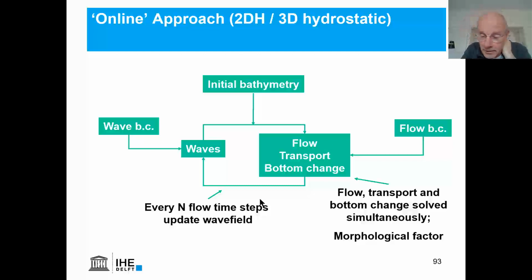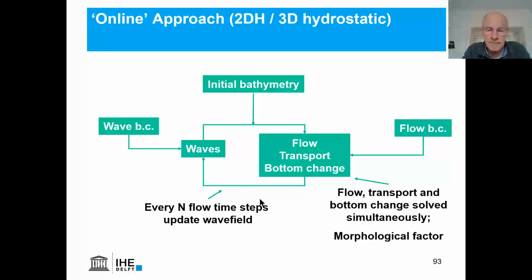And that would take a great amount of time, especially if you realize that usually the amount of bottom change in one tidal cycle is millimeters to maybe centimeters. So you do this whole thing of updating the flow and wave patterns based on the changed bathymetry, only because it has changed by a centimeter in water depth of maybe 10 meters.